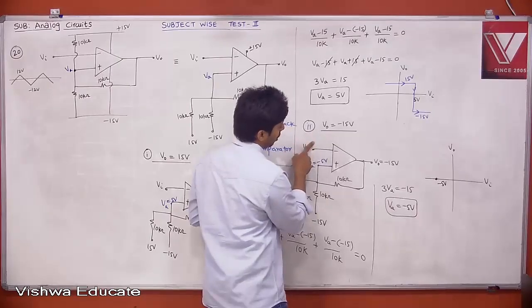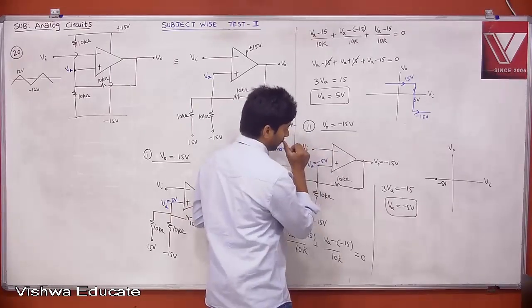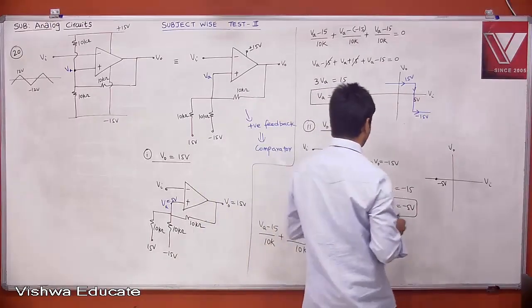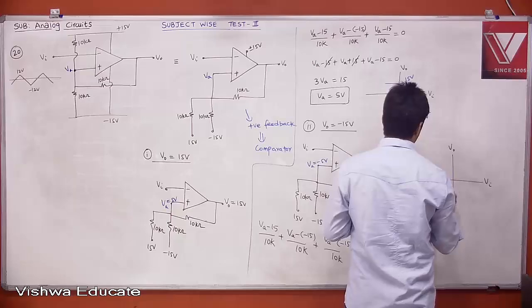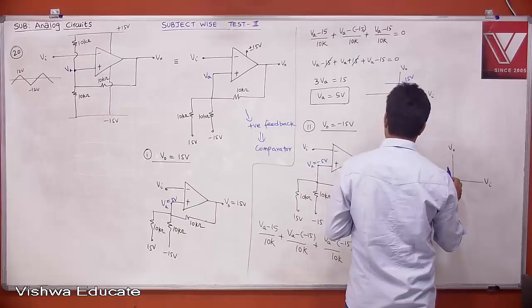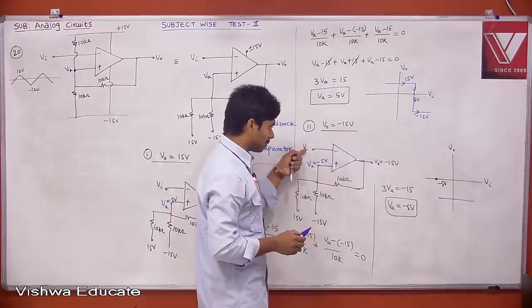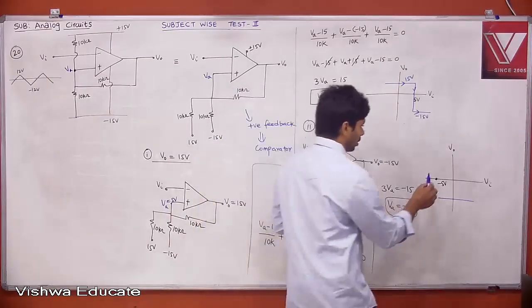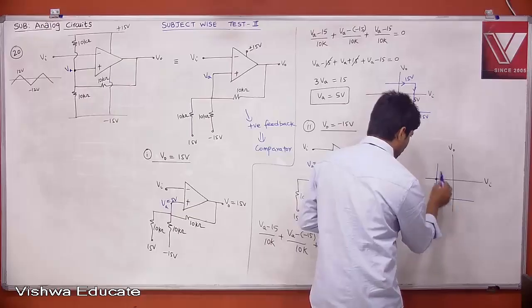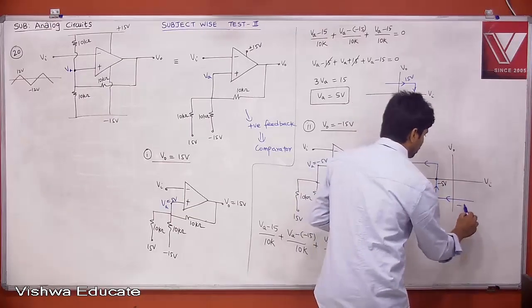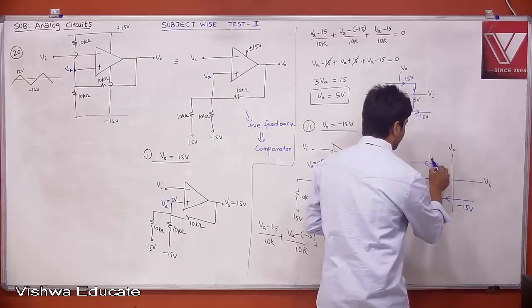Minus is more, then it will be minus 15. If it is less than minus 5, let us say minus 6, which is more? Plus is more. Therefore, this is our curve. The arrow is indicating when VI is changing from minus 15 to plus 15.